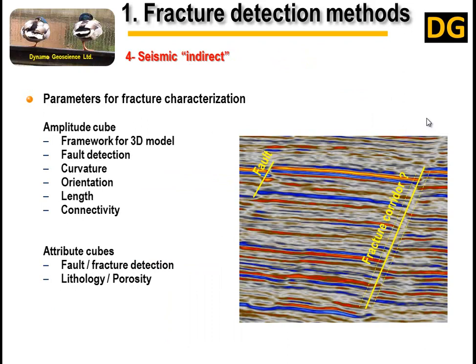Method number 4, an indirect one, through seismic. However, the amplitude cubes or the attribute cubes remain a factor of the seismic resolution, but it's worth a trial.